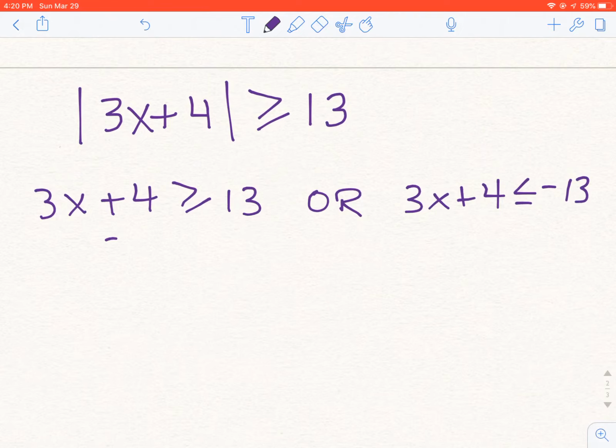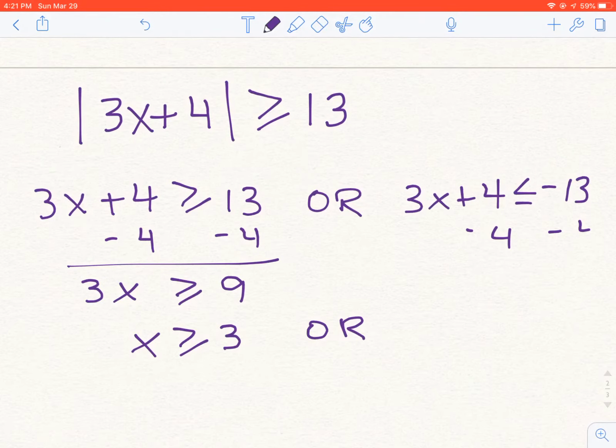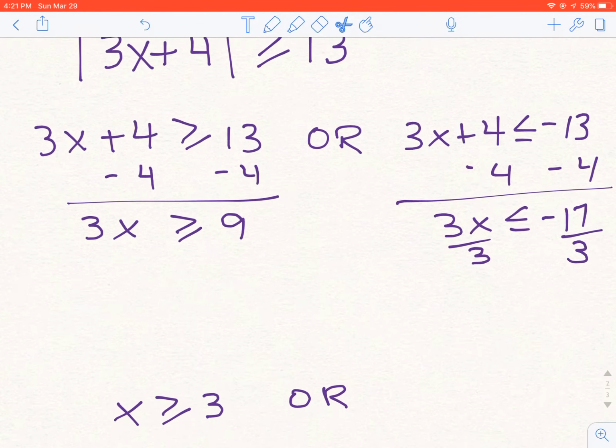So we'll subtract 4 for this, and so I get 3x is greater than or equal to 9. Divide by 3, x is greater than or equal to 3, or subtract 4, 3x is less than or equal to -17, not a very nice number. Divide by 3.